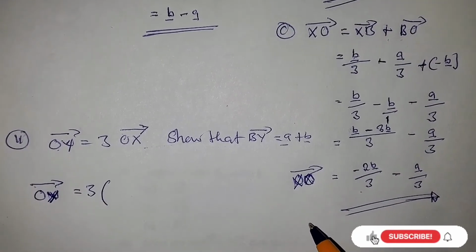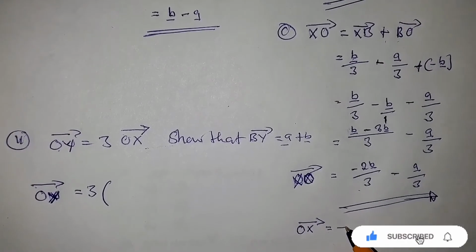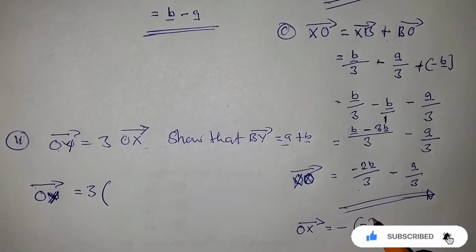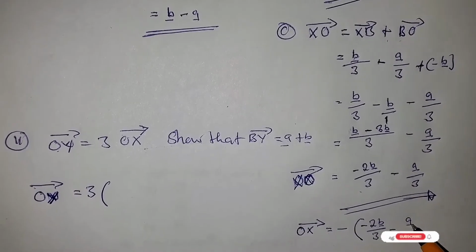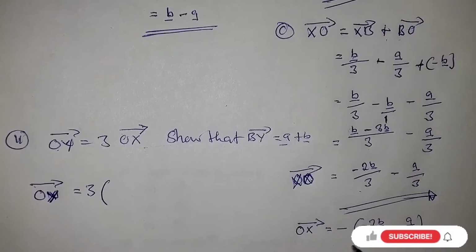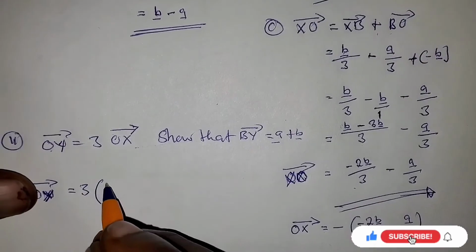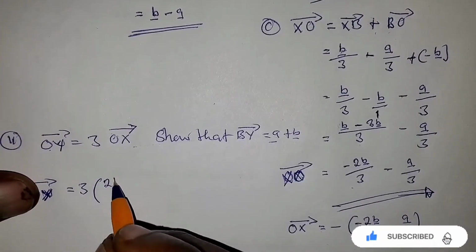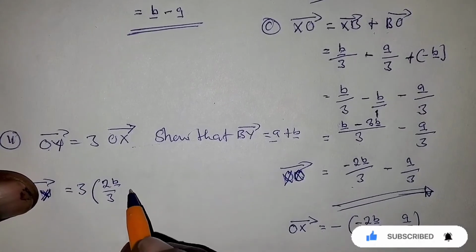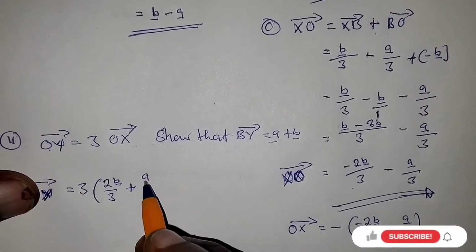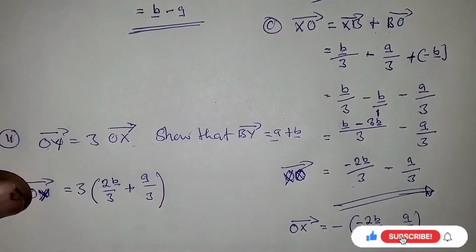So OX is going to be negative, open bracket, negative 2b over 3 minus a over 3. Everything we're going to multiply by negative. Negative is negative, positive: 2 vector b over 3. Negative times this negative will be positive vector a over 3. Simple as this.